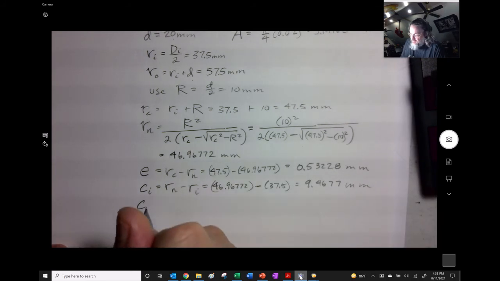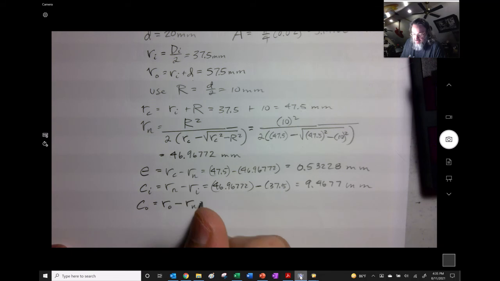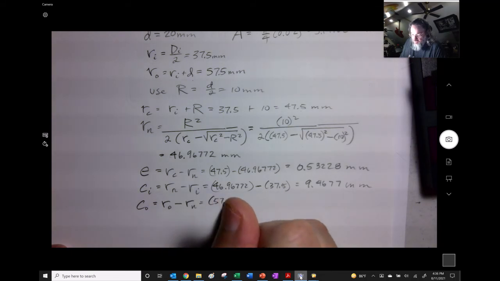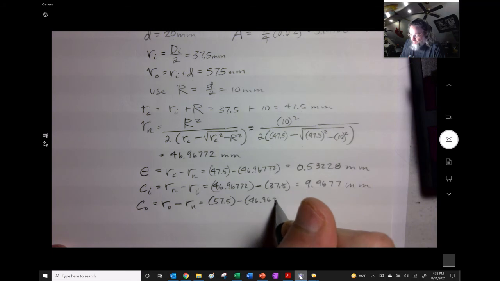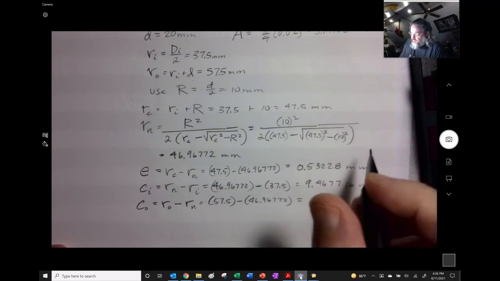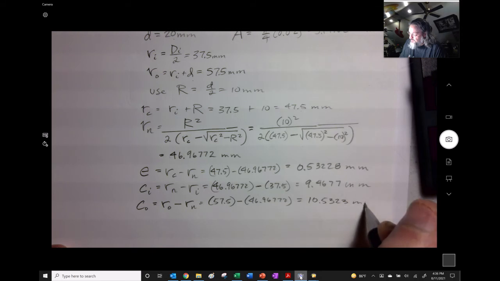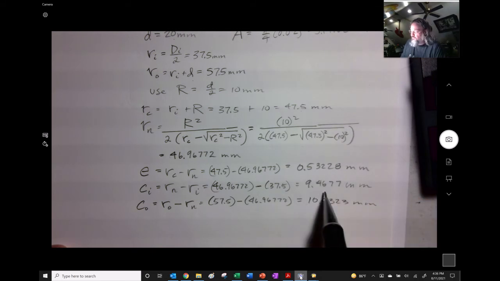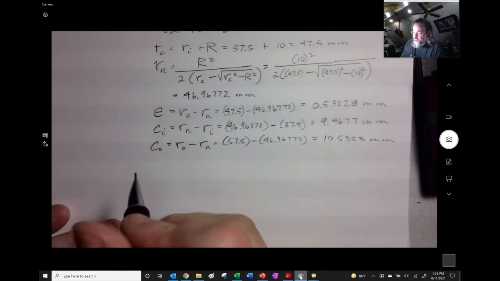And then for the CO, RO minus RN, or 57.5 minus 46.96772, that's 10.5323 millimeters. You don't need that many. You only need 4 sig figs in each of these things, and you'll be fine.